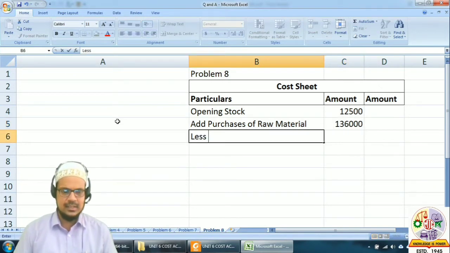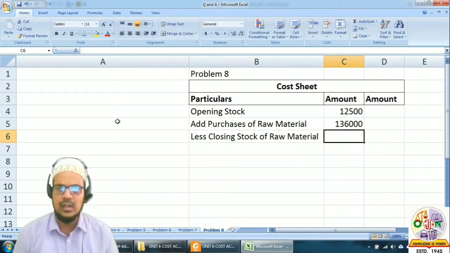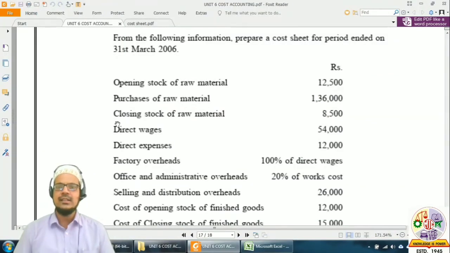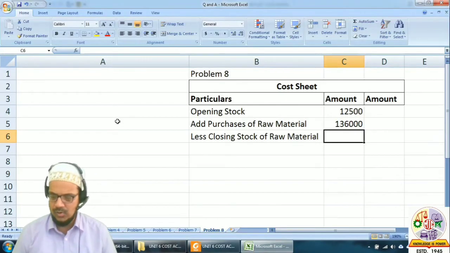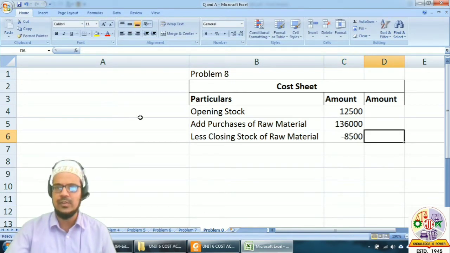Next, less closing stock of raw material. How much is the closing stock of raw material? Let us look. 8,500. So 8,500 is the closing stock. We will reduce this, so I will write it in minus 8,500.